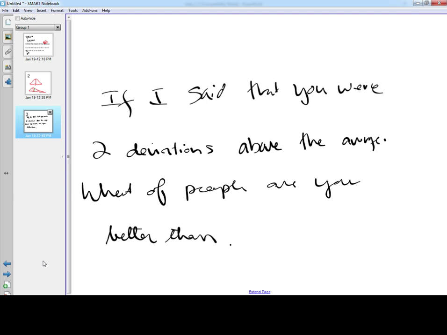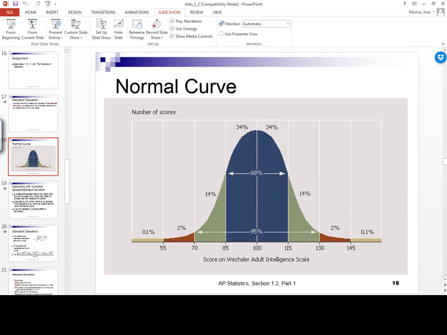Can we go back to that? Is it in your notes? It's not. I don't have my notebook today, so I'm kind of savoring the notes. So if I said you were 2 standard deviations above the average, what percentage of the people are you better than?